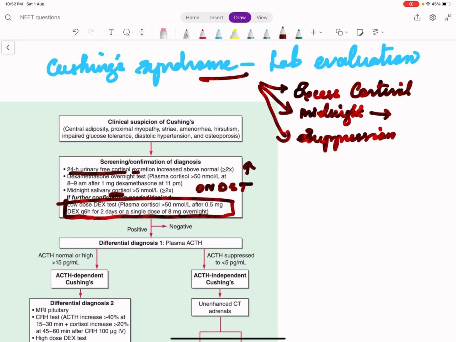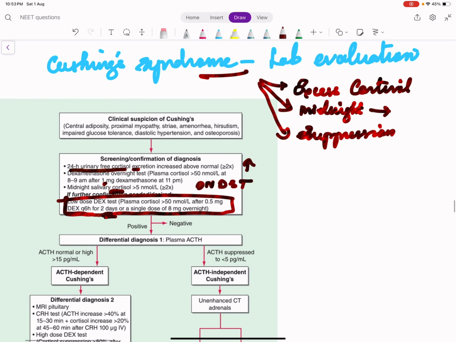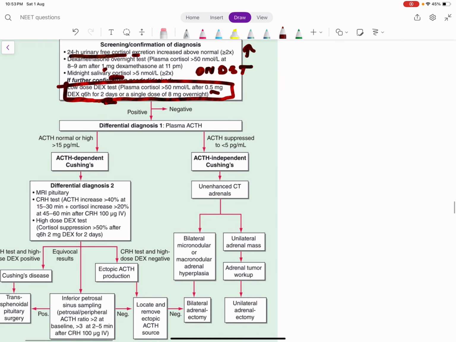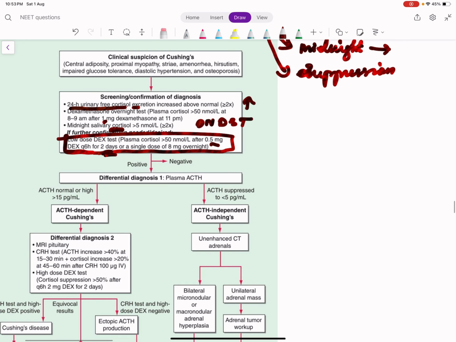Overnight is a single dose of dexamethasone, 1 milligram. In the low dose test, dexamethasone is given for 2 days at 0.5 milligram. So when cortisol cannot be suppressed even with the low dose test, we have confirmed the diagnosis of Cushing's syndrome.